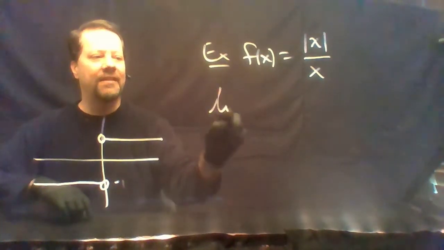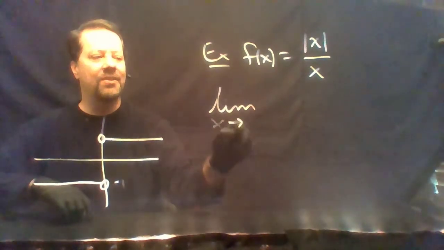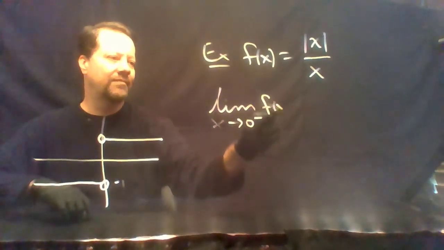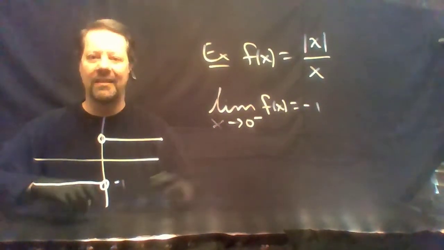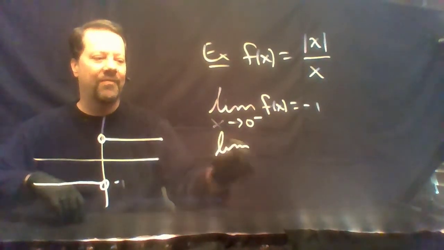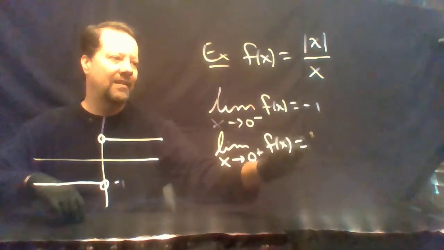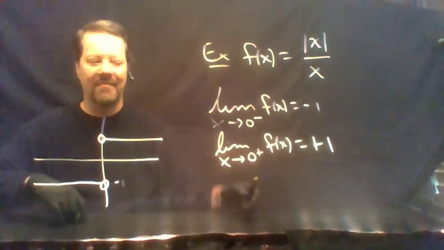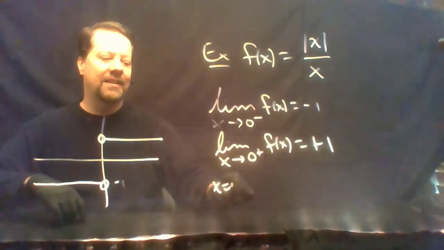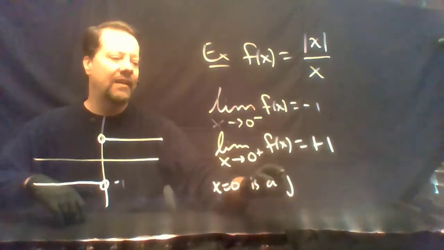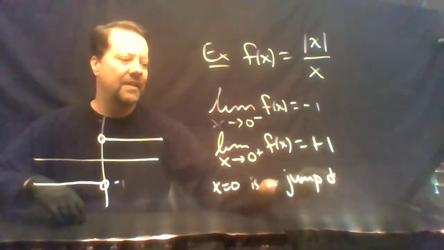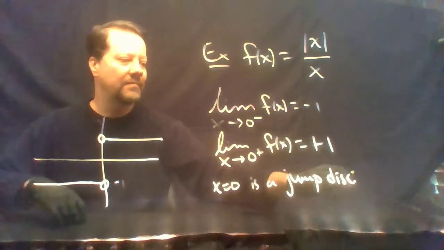So the limit as x goes to 0 on the left is -1, while the limit as x goes to 0 on the right is +1. Therefore, x equals 0 is a jump discontinuity for this particular function.